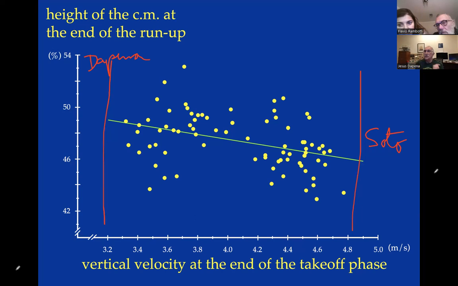But then for other jumpers, it will work differently. For some jumper, let's say again, another jumper whose optimum really is 46%, and they start at 57, and they jump badly, then they go to 52, and they jump better, then they go to 48, and they jump better.